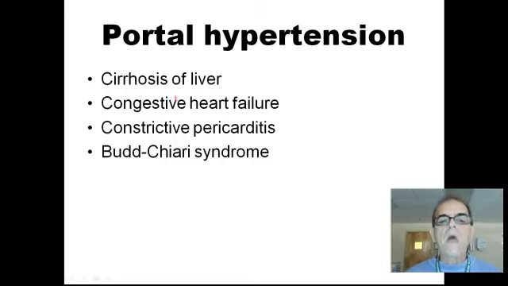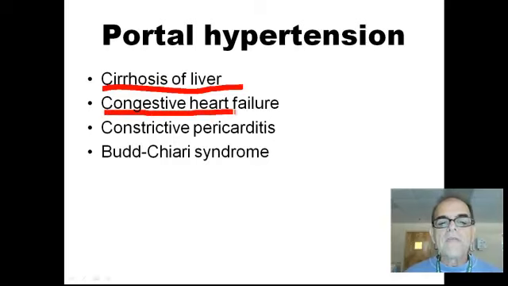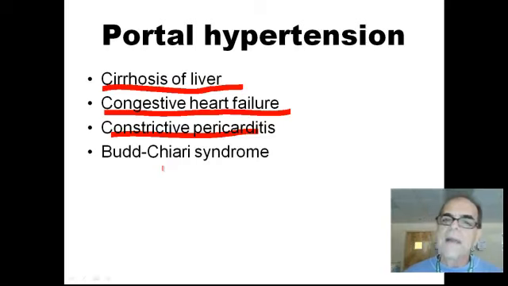The principal cause of portal hypertension is cirrhosis of the liver, but congestive heart failure can also produce free fluid in the abdominal cavity. Constrictive pericarditis, because it produces congestive heart failure, can also produce it. And the Budd-Chiari syndrome, that is the obstruction of the hepatic veins in the inferior vena cava. But this is not very common.